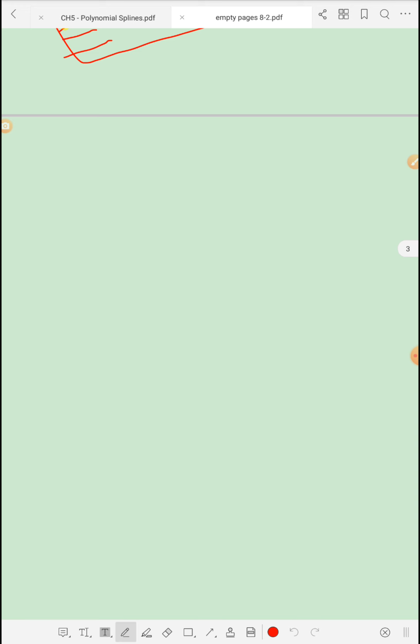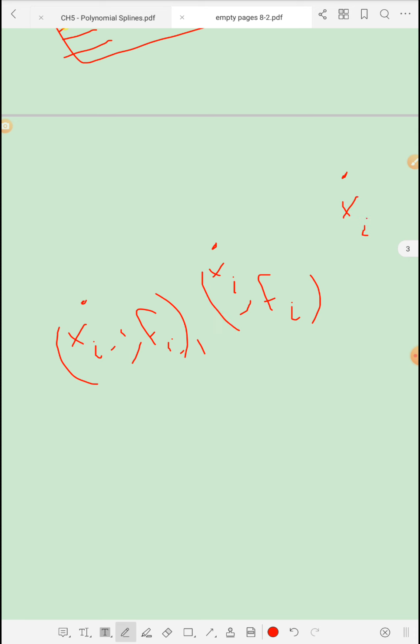Okay. Assume that we have three points: xi minus 1 with f of xi minus 1, then xi and f of xi, and the final one is xi plus 1 and f of xi plus 1.